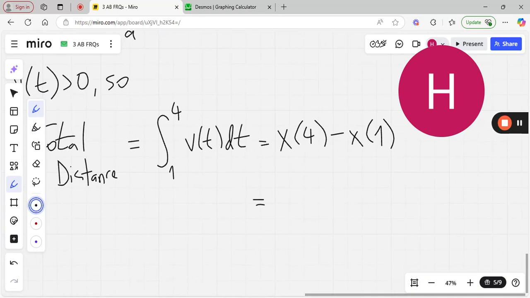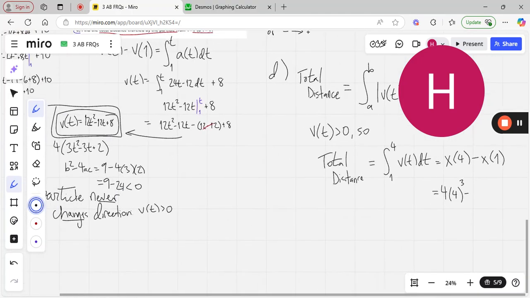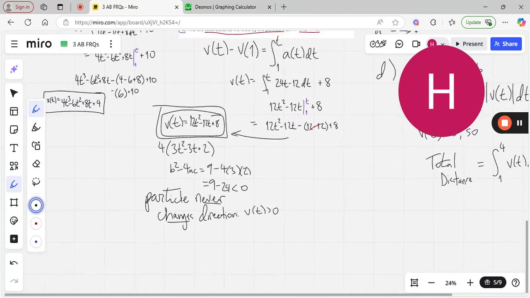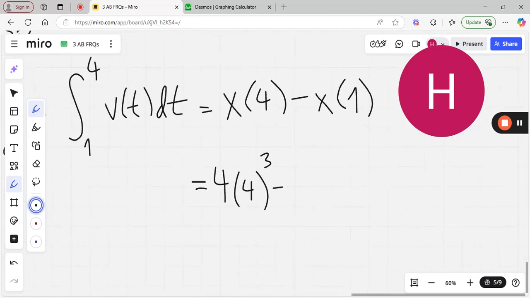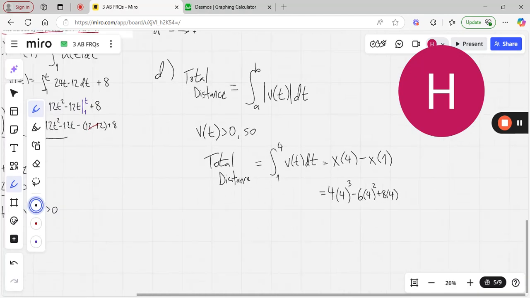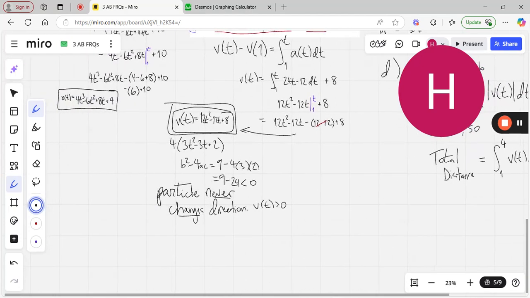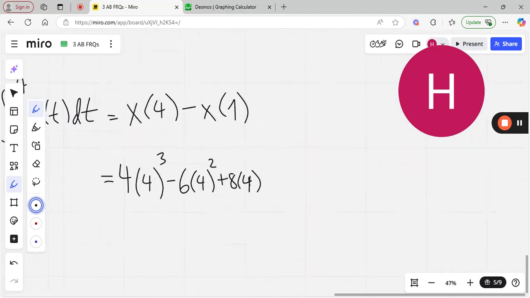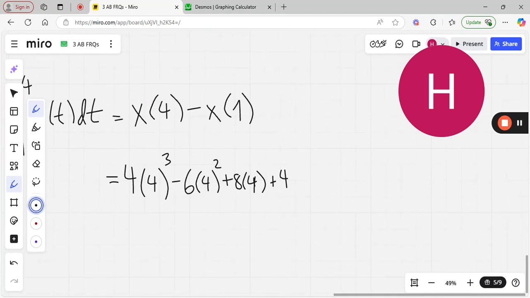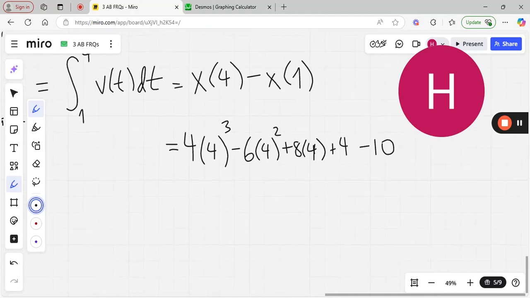So let's plug in 4. 4 times 4 cubed minus, what was the function for x? 6 times 4 squared, plus 8 times 4, plus 4. And then minus the initial condition of 10.